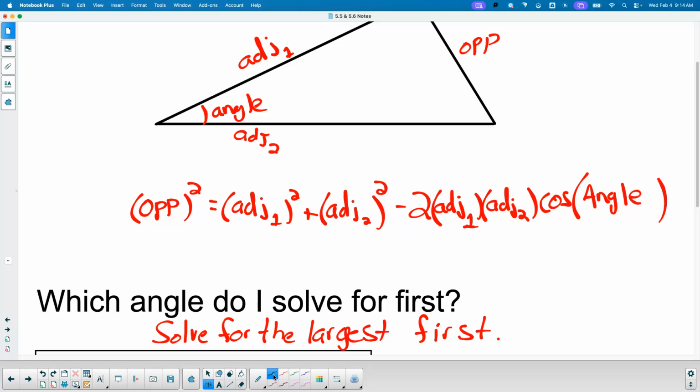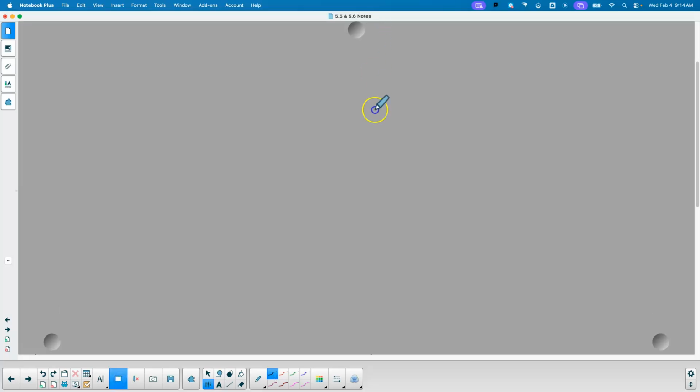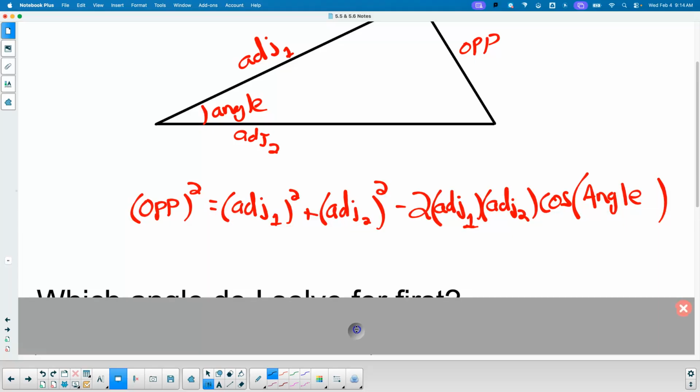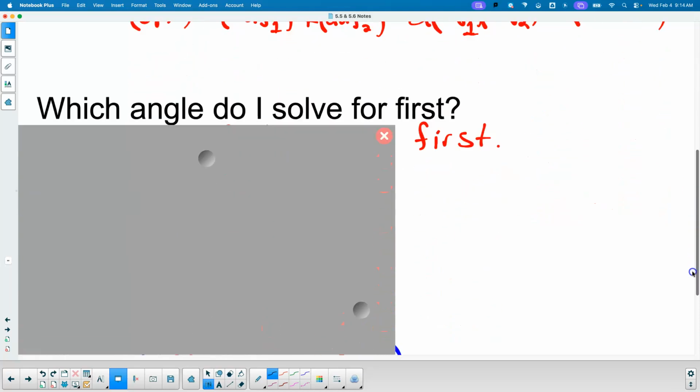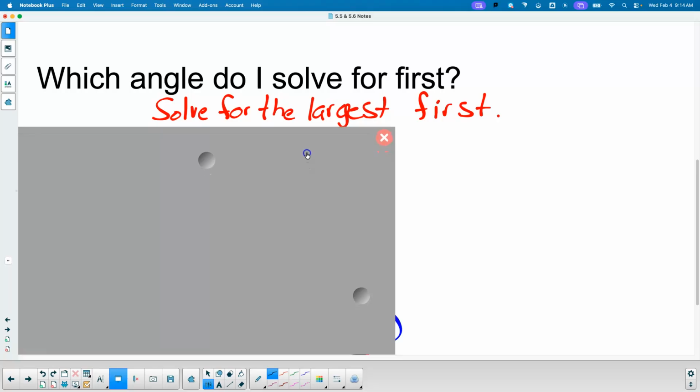Hold on, I want to shade, and I want to pull down, pull over. Now I can go. There we go. I don't want it in there yet. Okay.